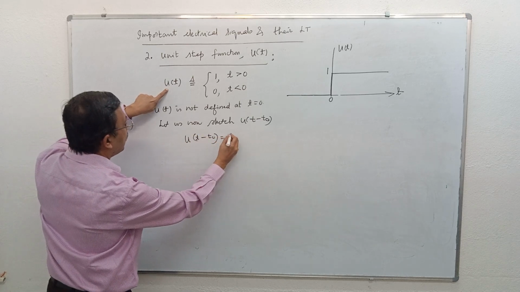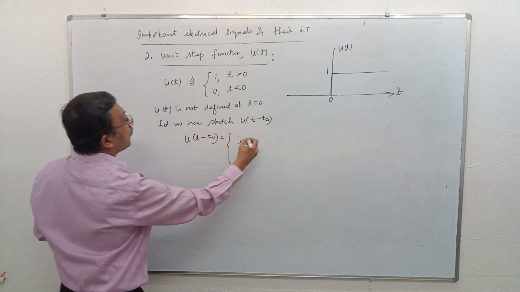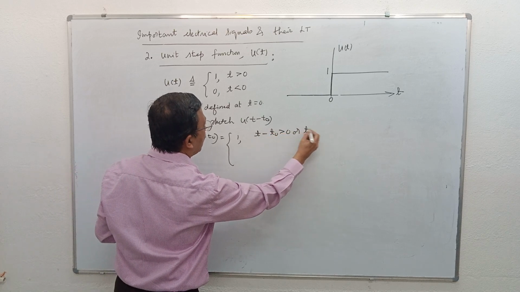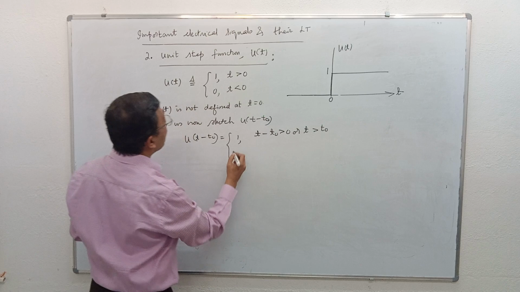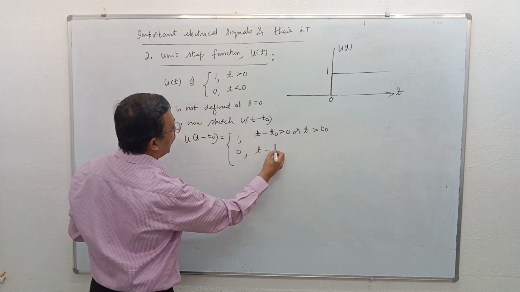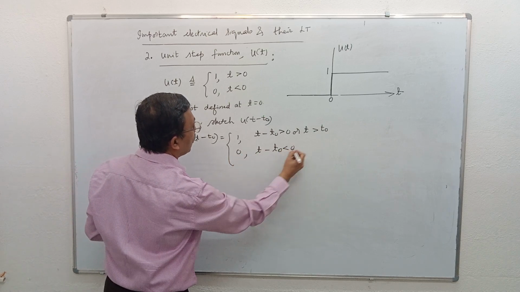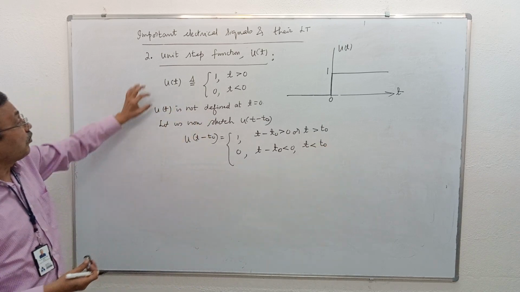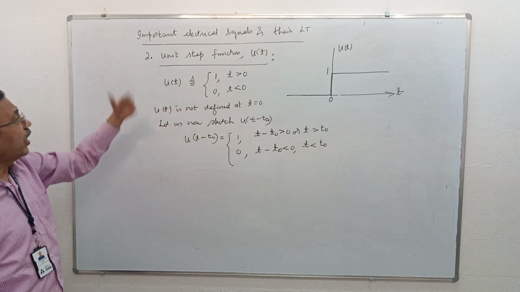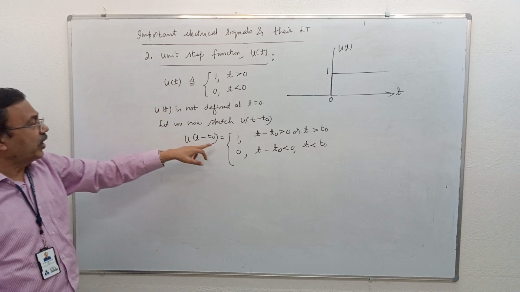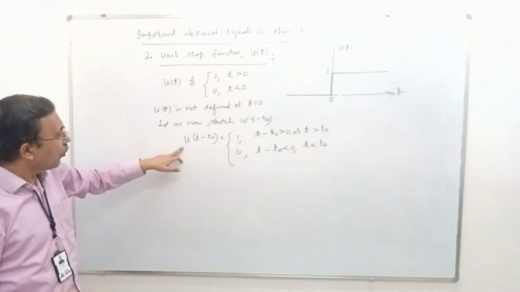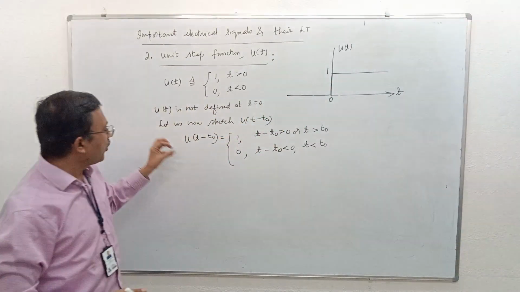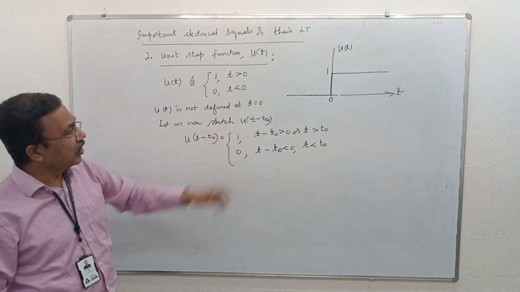U of t minus t naught is equal to 1 for t minus t naught greater than 0, or t greater than t naught, and 0 for t minus t naught less than 0, or t less than t naught. You know the expression for u of t. In this expression, replace t by t minus t naught. So u of t minus t naught is 1 for t greater than t naught and 0 for t less than t naught.